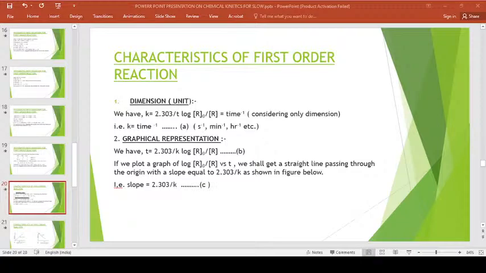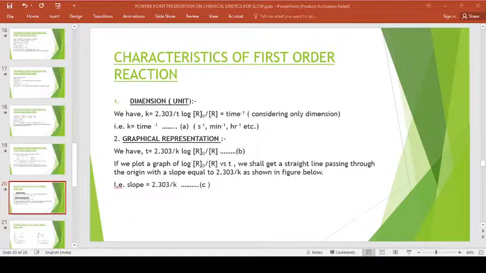Now let us come to question number 2. What is question number 2? Define pseudo first order reaction with an example. I have already given pseudo first order reaction. So what is a pseudo first order reaction? Can anyone tell me? Pseudo first order reactions are the reactions where the reaction follows first order, though it contains more than one reactant molecule.